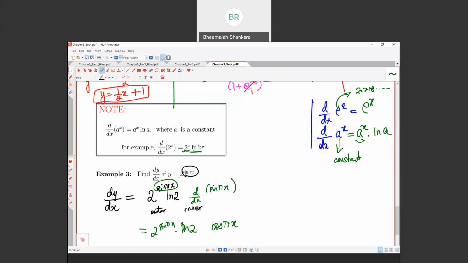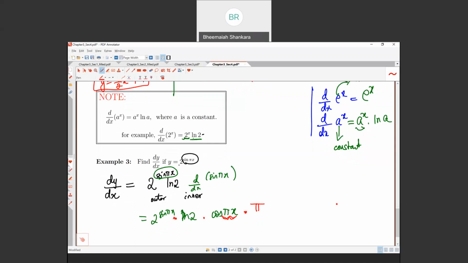But here you have cosine of pi x. So you want to differentiate pi x again. Again a chain rule. Derivative of pi x is pi. So it's a product of 4 functions here. And we'll end this section here.